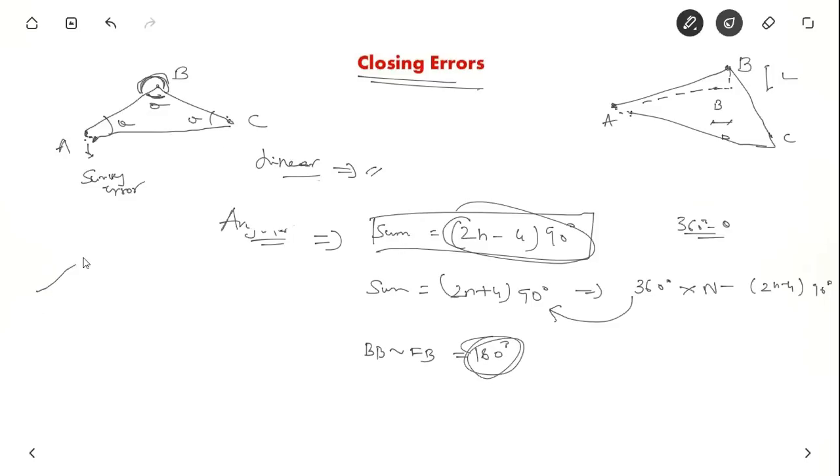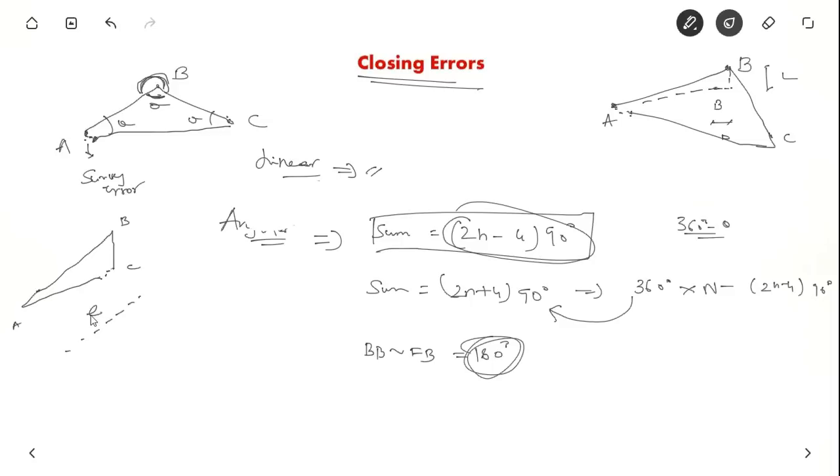Now let us see what the terms associated with closing error are. Suppose this is the point A, B and C. So if you see here, this is the closing error. If you zoom in more, this is the closing error.